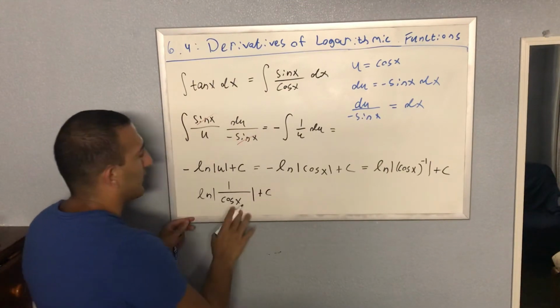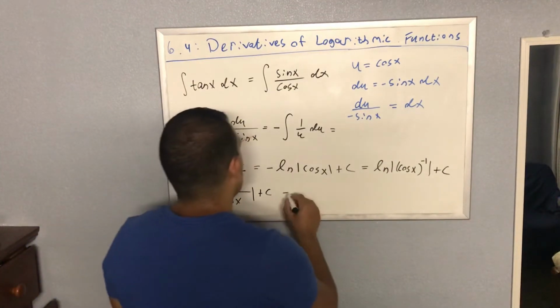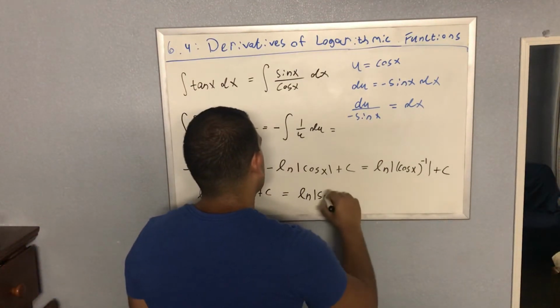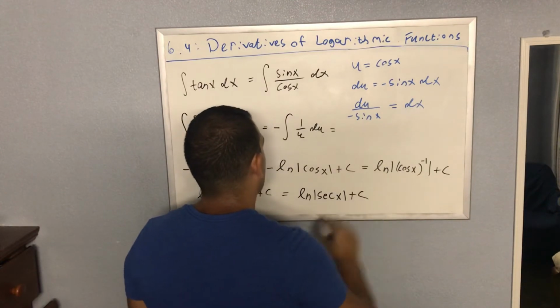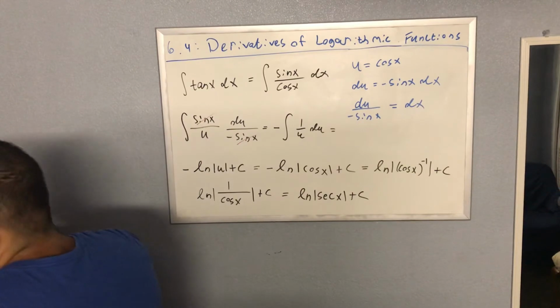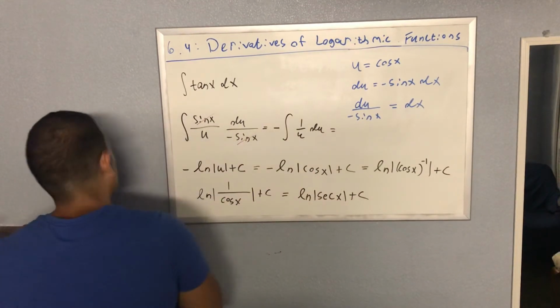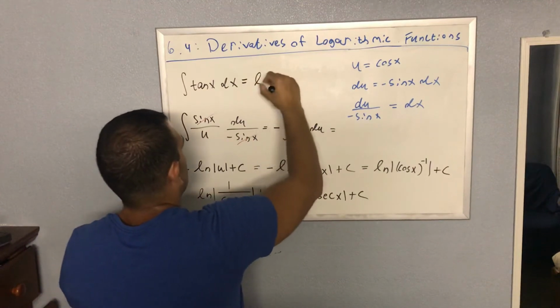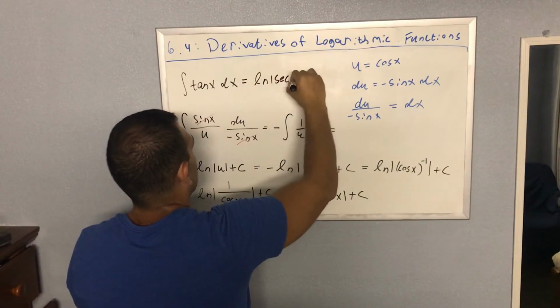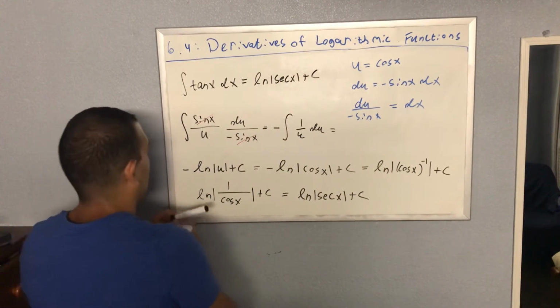And we know 1 over cosine x is more formally known as secant x. So this is ln of secant x plus c. And now we have a really cool formula: the integral of tangent is the ln of secant x plus c. So that's pretty cool.